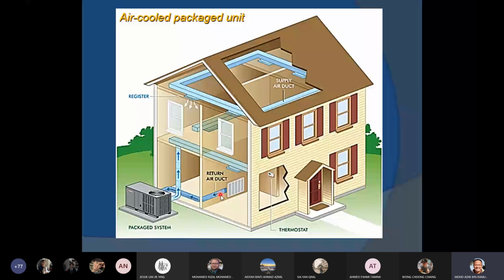Okay. So the ductwork here, probably this is a utility room where you can see the ductwork. But in other spaces, you don't see the ductwork. Obviously, it's hidden behind the wall or underneath the ceiling. Okay, so at the same time, you can see the return air grill. So the existing air gets into this return air grill and gets back to this package system, right?